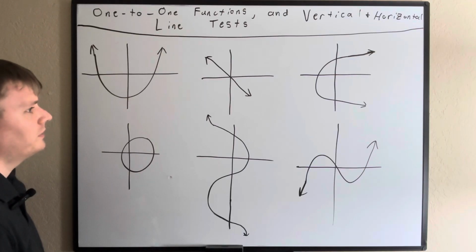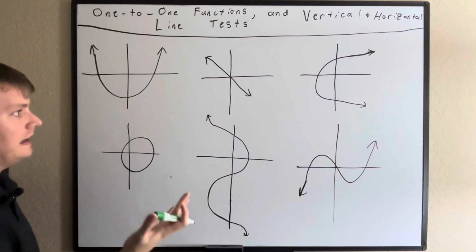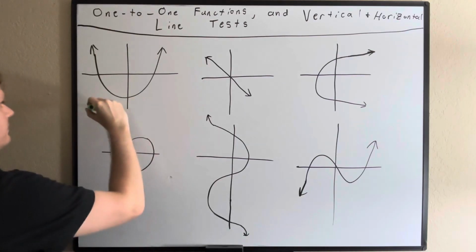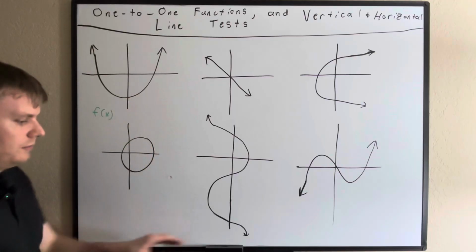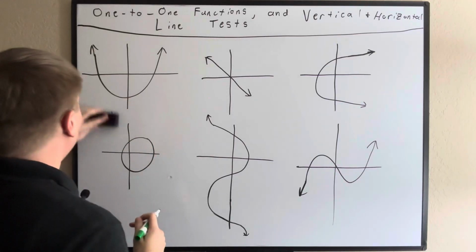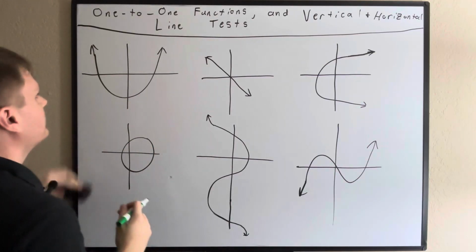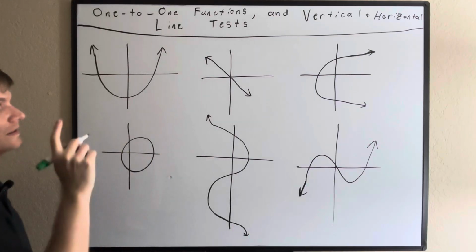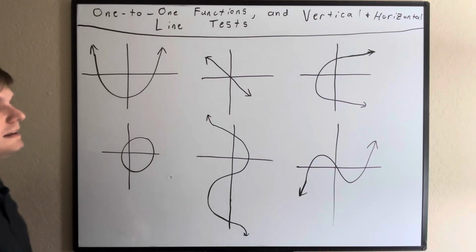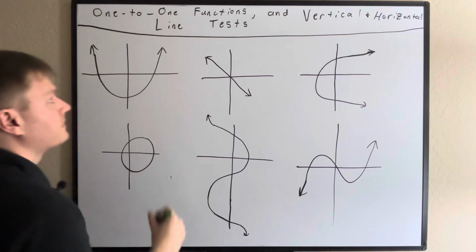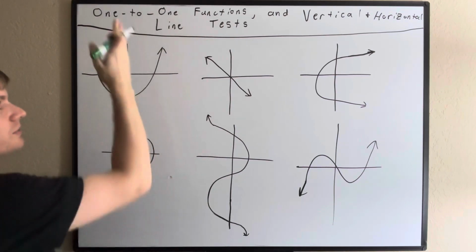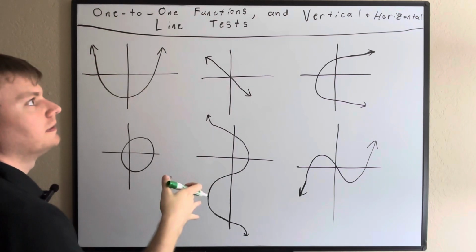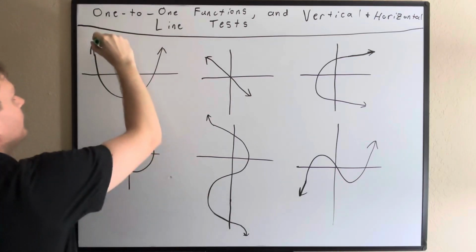Well, first of all, you'll notice I don't have any of the names of these sets anywhere. I don't have f of x anywhere. We're not doing that right now. All we're doing is using the vertical line test to figure out which of these is a function. So the vertical line test means you can put a vertical line anywhere you want on the graph.